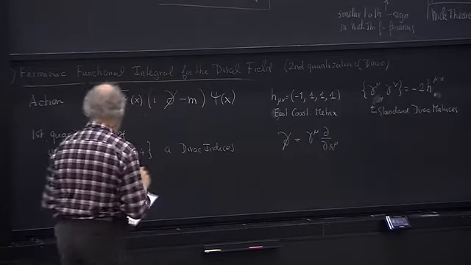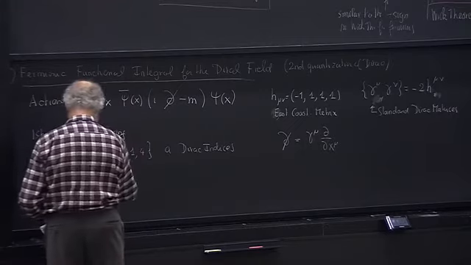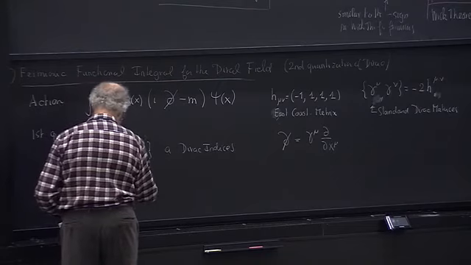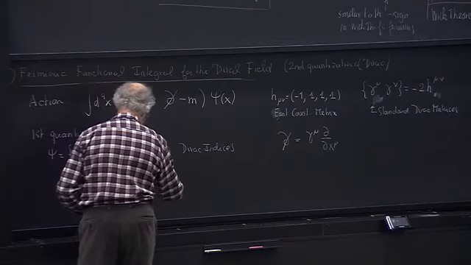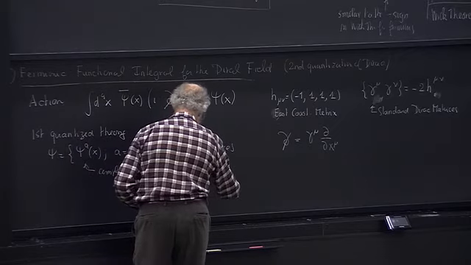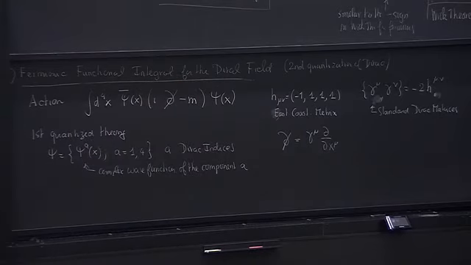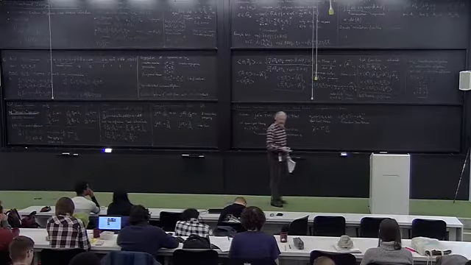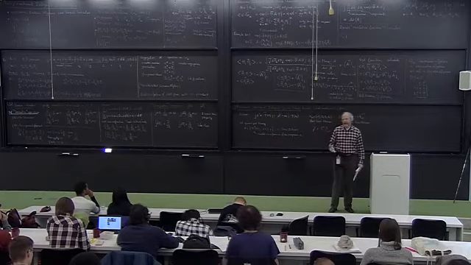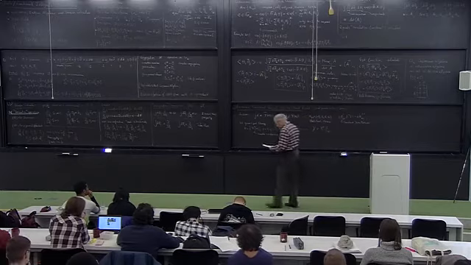Okay, and they are complex fields. So psi a is a complex wave function of the component a of the Dirac field. Remember, the Dirac field has 4 components because it's a fermion, so it has a spin. And in addition, it has a helicity. Okay.